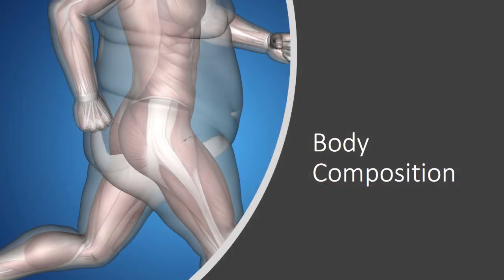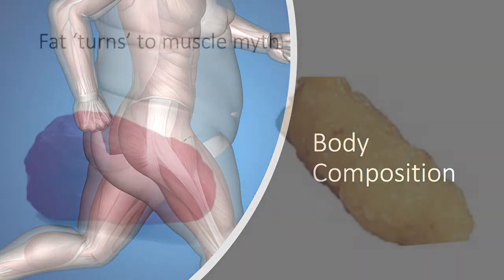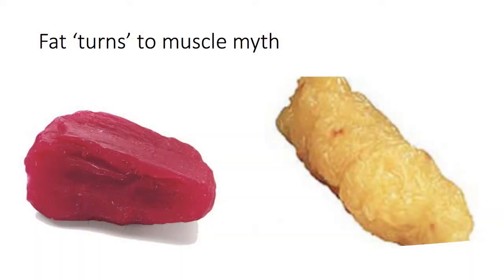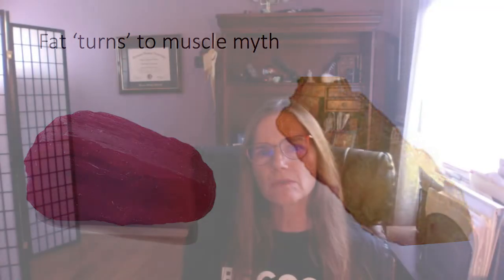So it's really important to understand that if you want to change your body composition, you work the muscle mass, yes, but you also do a different activity to make sure that you're reducing your storage of body fat.